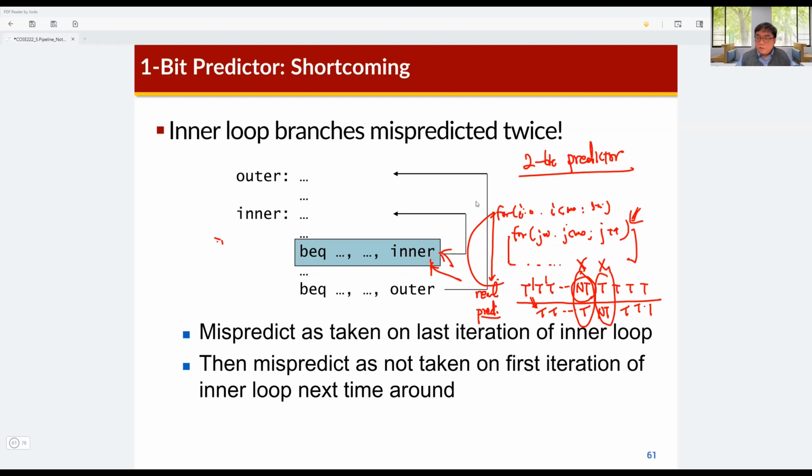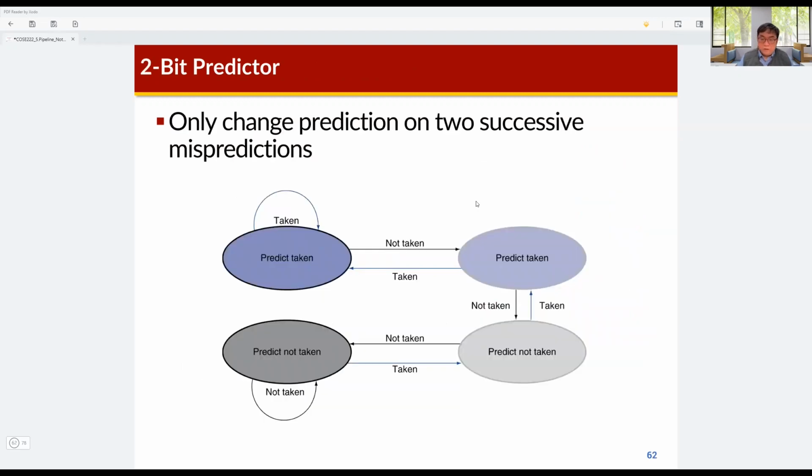So if we just use the one-bit prediction, then for this case, this branch is mispredicted twice at the end of the inner loop. Once here, first here, and then the second here. Okay. So in order to avoid this case, we can use the 2-bit predictor.